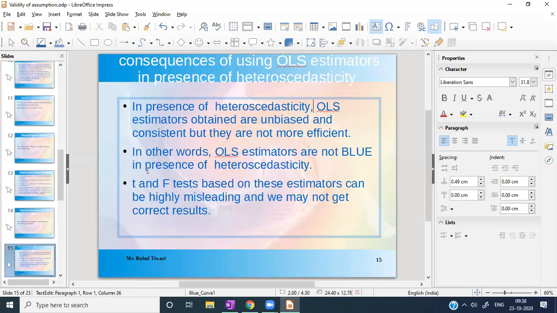In other words, OLS estimators are not BLUE in the presence of heteroscedasticity.